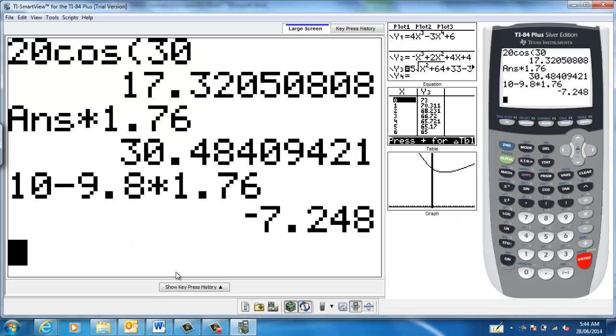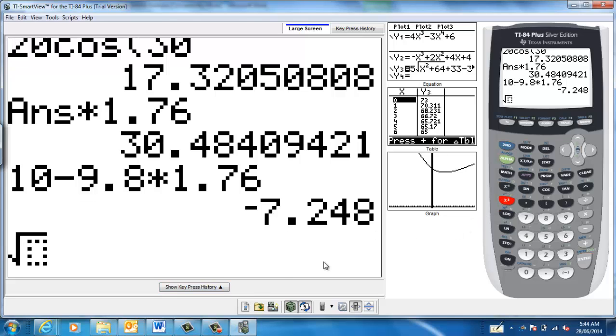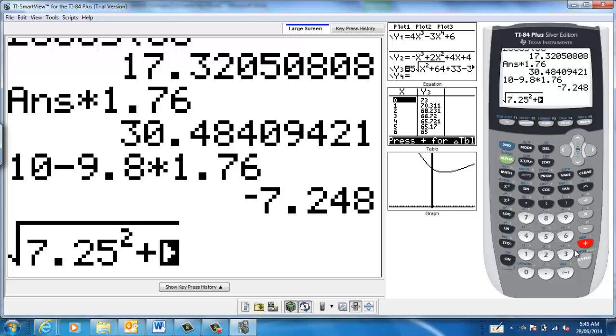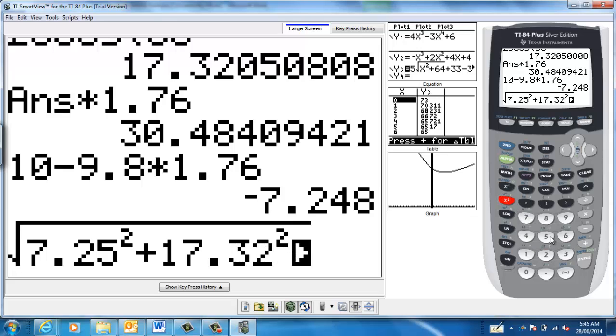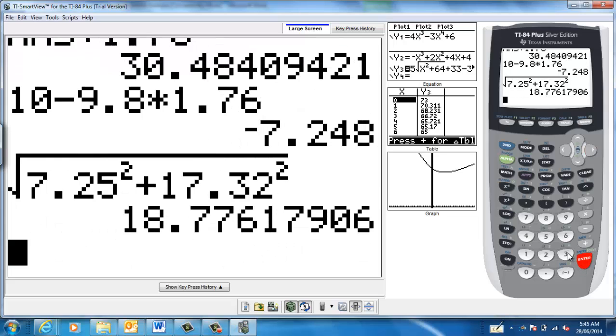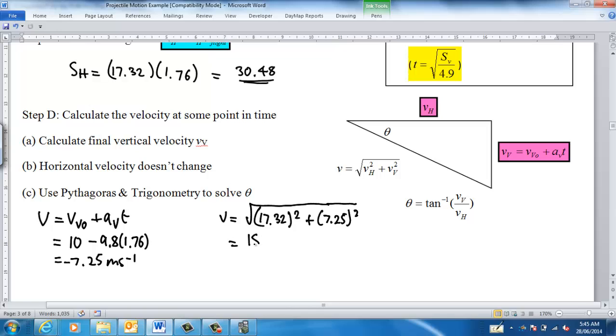So again, we go to our calculator: square root of 7.25 squared plus 17.32 squared. Now we know our answer is obviously going to be bigger than both those values. So that's going to be 18.77 at that particular time.